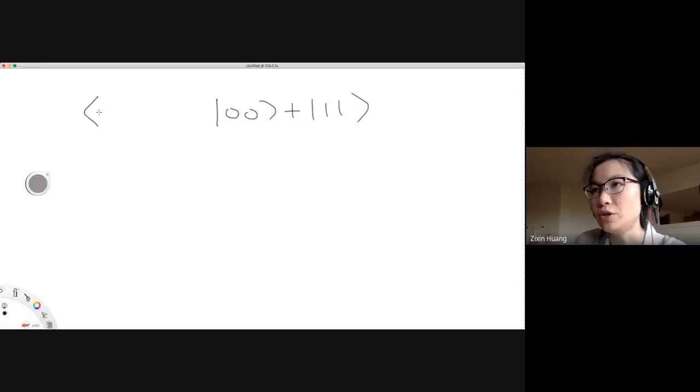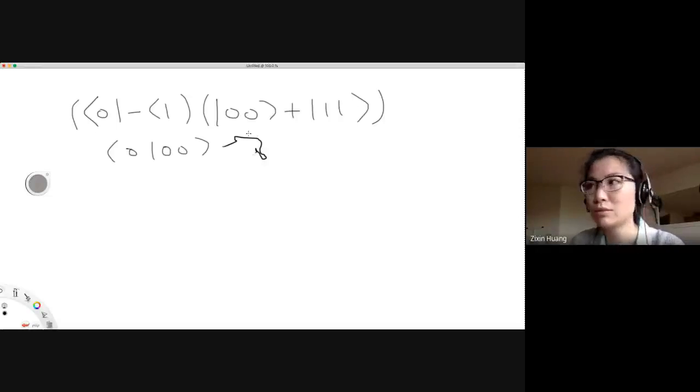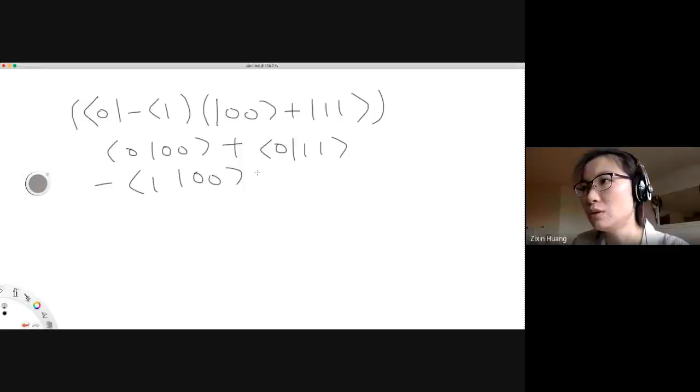If Alice measures a minus, so you have 0 going with 0, 0, minus 1 with a 0, 0, minus 1 with a 1, 1.